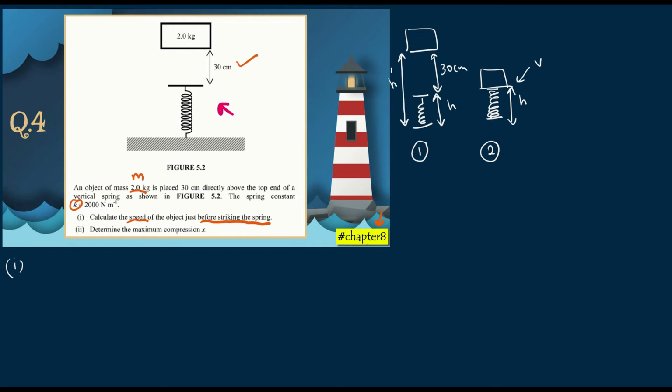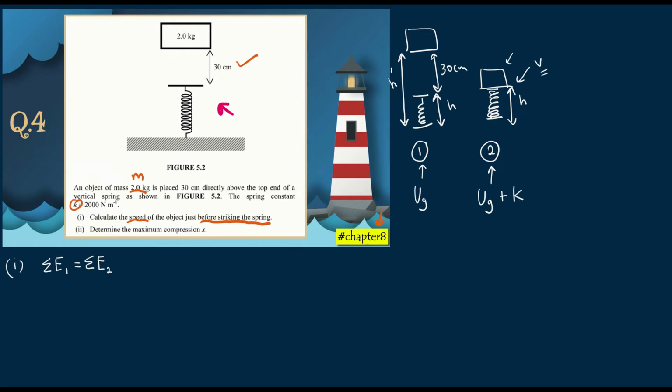To solve this question, we apply the conservation of total energy: total energy for situation 1 is equal to total energy for situation 2. For situation 1, we only have gravitational potential energy, and for situation 2, we have gravitational potential energy because it has height, and also kinetic energy because this box is moving.